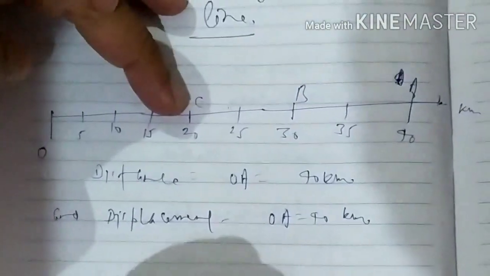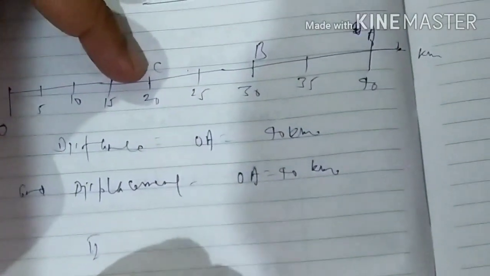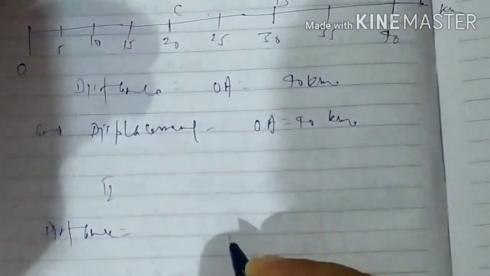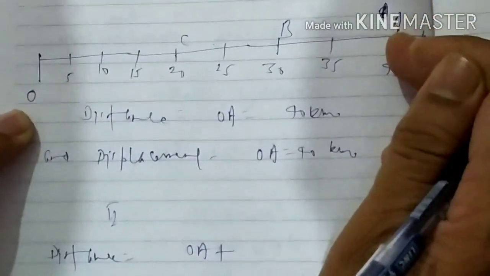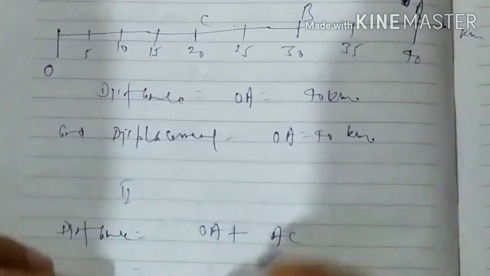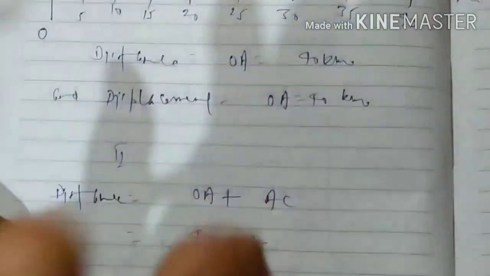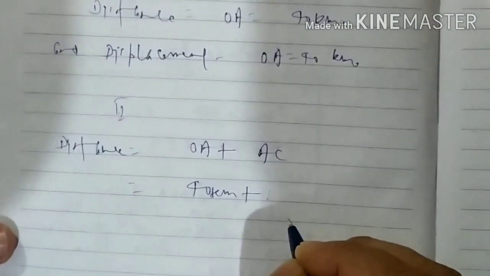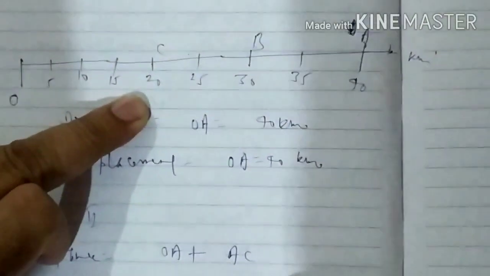So in the second case, what will be the distance? Distance is equal to OA plus AC, that is 40 kilometer plus 20 kilometer.